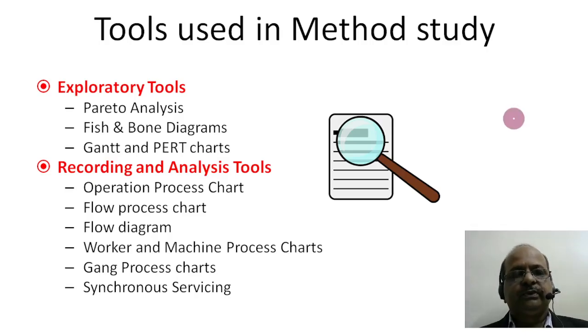The various tools used in method study involve two ways. The explanatory methods consist of Pareto analysis, fishbone diagrams, and Gantt and PERT charts. Majorly, method study involves different analysis and recording tools such as the operation process chart, flow process chart, flow diagram, worker and machine process charts, Gantt charts, and synchronous servicing charts.